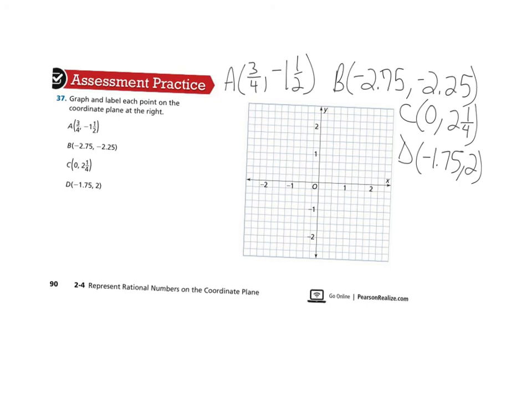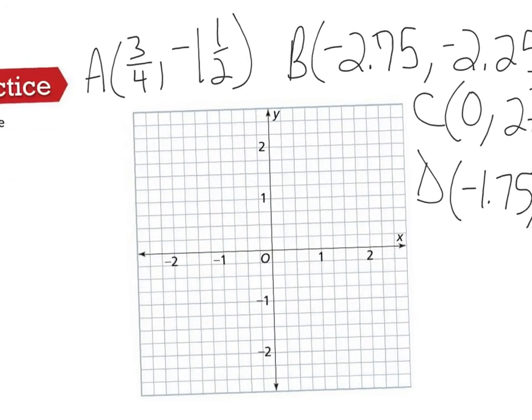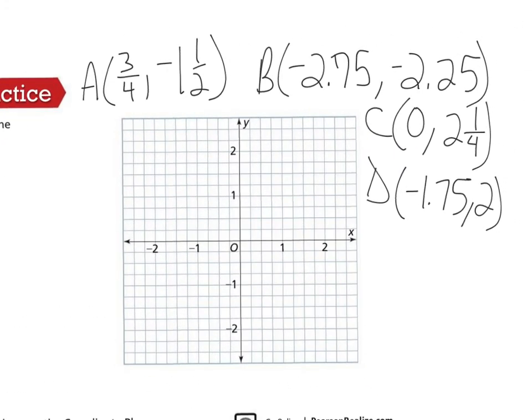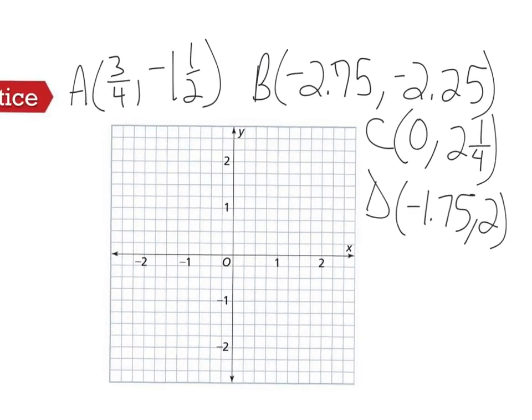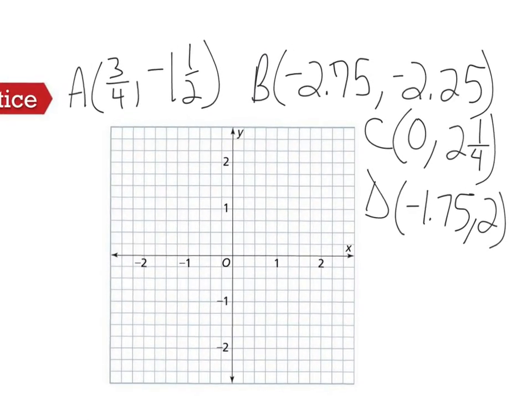Number 37, they want us to graph and label these points on the coordinate plane at the right. I've just rewritten the coordinates so I can see them better here. They were nice and went ahead and drew out this coordinate plane for us, and they've got it going by fourths. That makes our job a little easier for graphing these instead of starting from scratch.